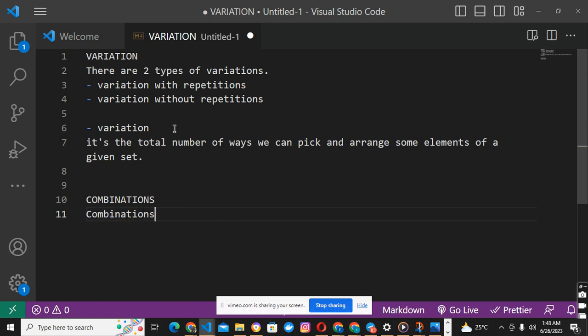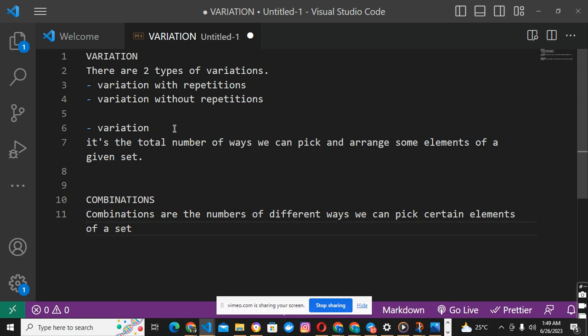Combinations are the numbers of different ways we can pick certain elements of a set.